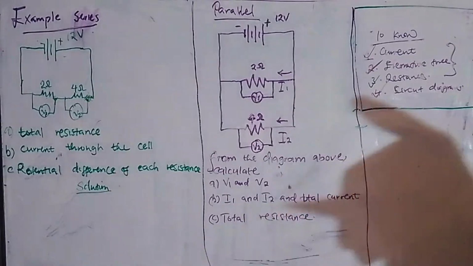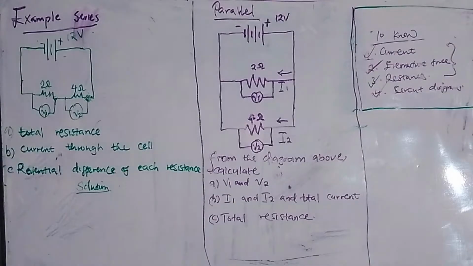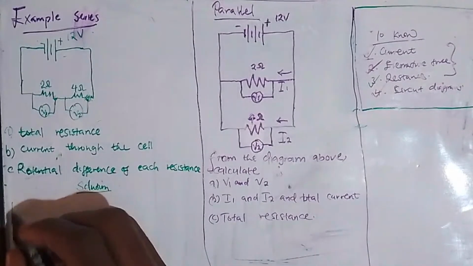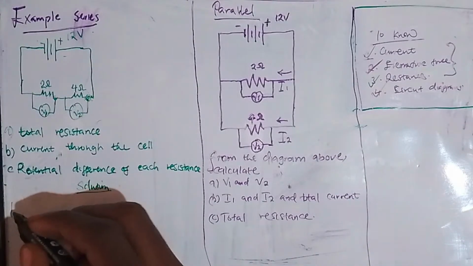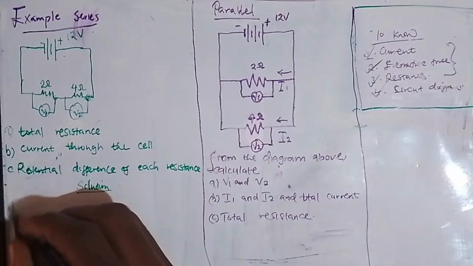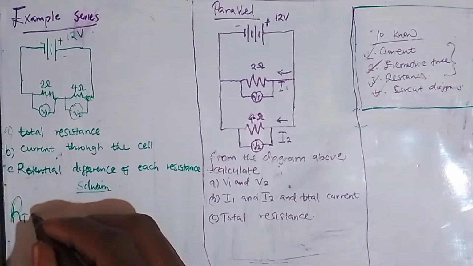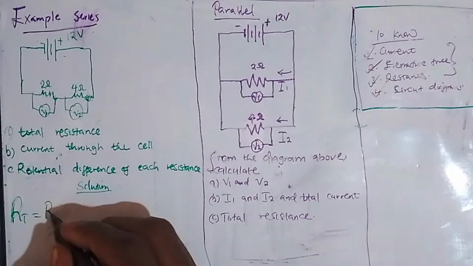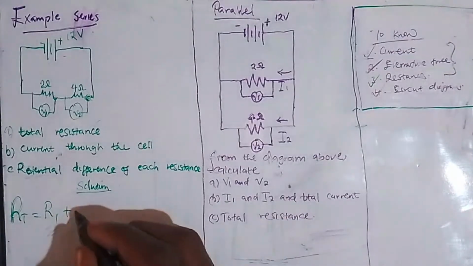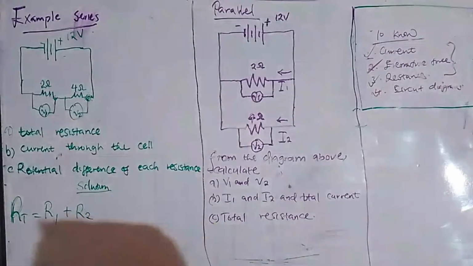The effective resistance and the total resistance are one and the same thing. So how do you calculate it? You say total resistance is equal to resistance 1 plus resistance 2.